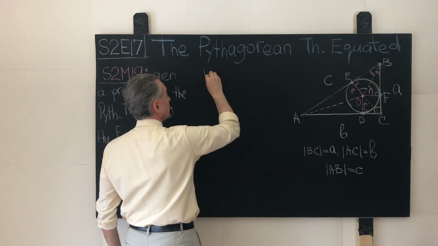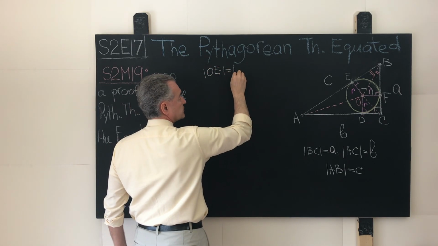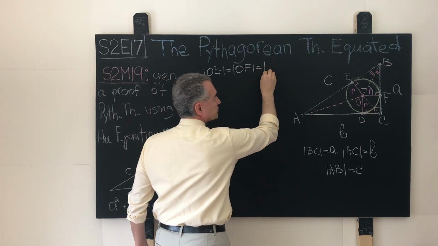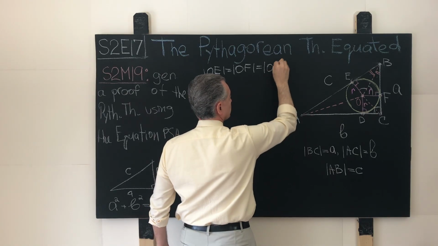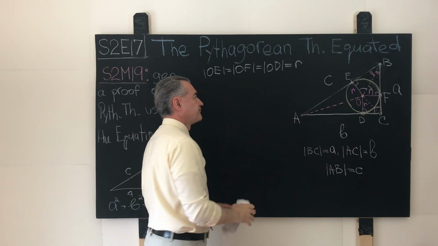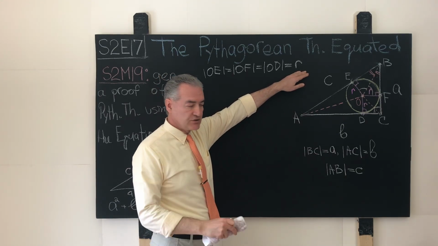Let's record this. The length of the line segment OE equals the length of the line segment OF equals the length of the line segment OD. And this is our first variable that we introduce into the solution of this problem.